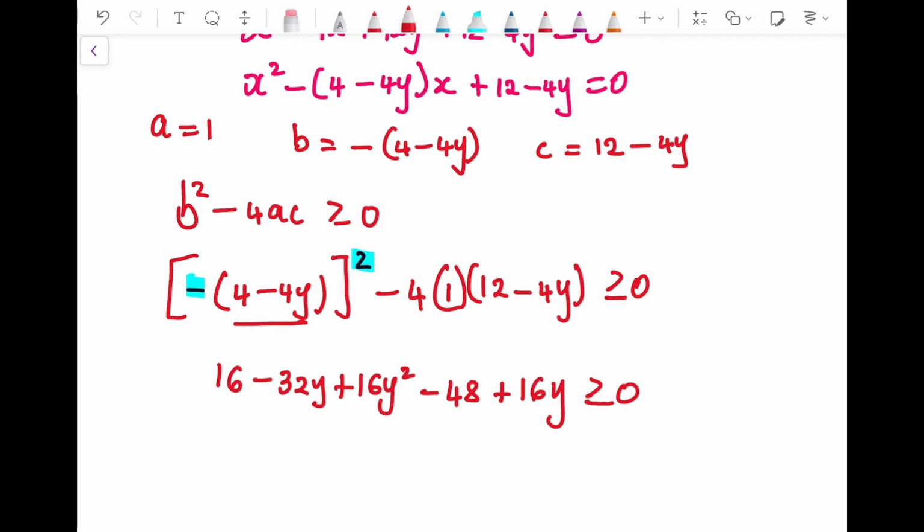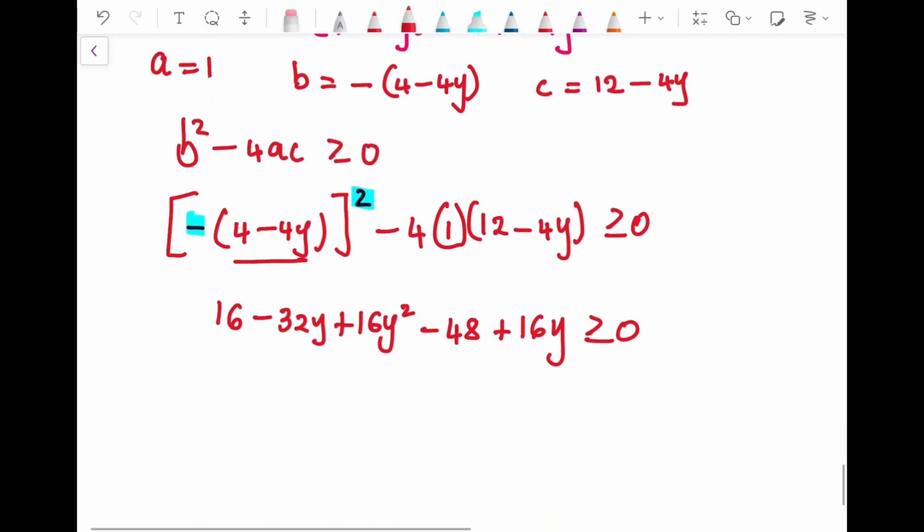And then here we need to add the like terms and write this in standard form. So it will be 16y squared. Let me start with negative 32 plus 16. It will be minus 16y. And then 16 minus 48.